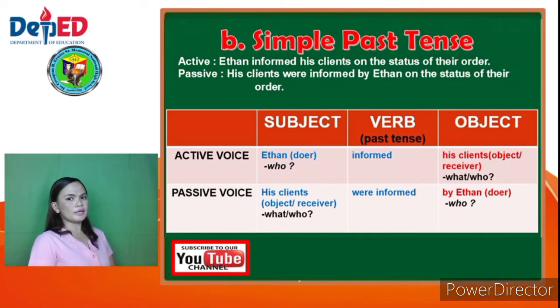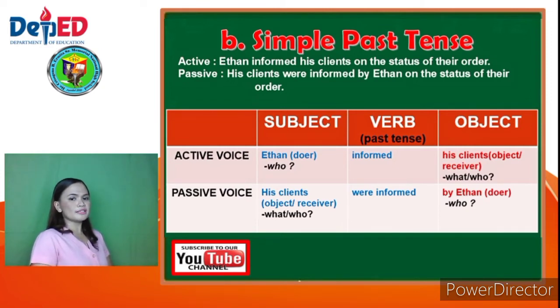In this example, active voice, Ethan informed his client on the status of their order, and passive voice, his clients were informed by Ethan on the status of their order. Analyze the table. Note how the verbs are used in active voice and passive voice. In active voice, the verb informed is in simple past tense.